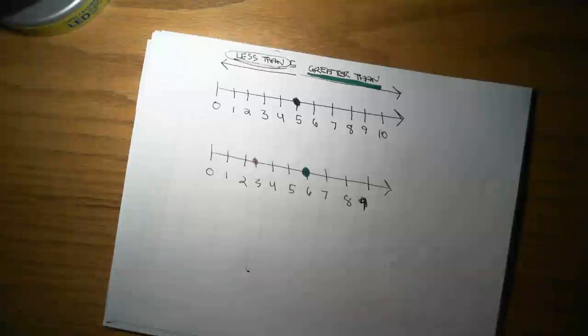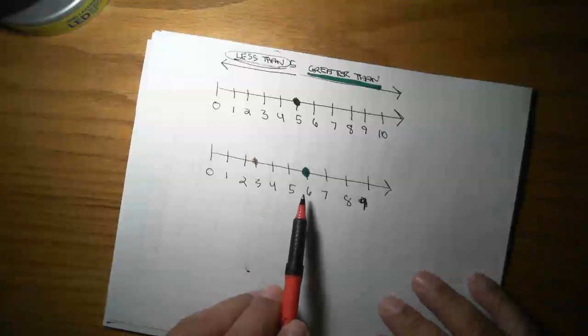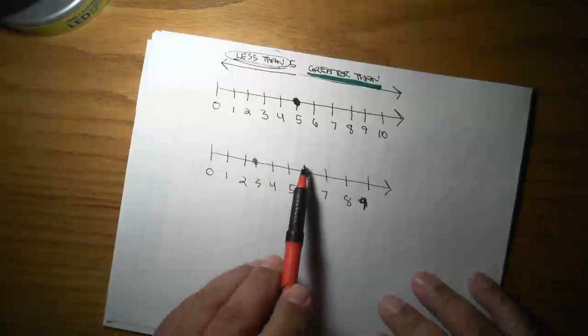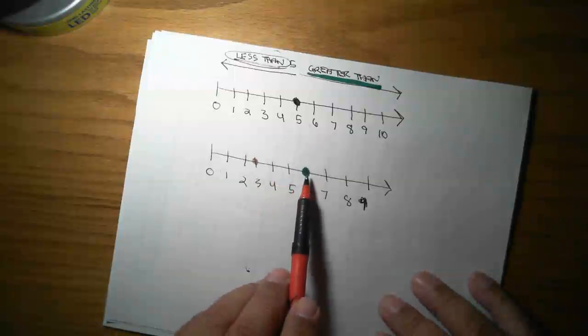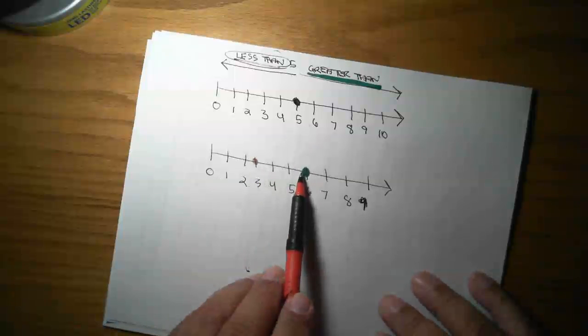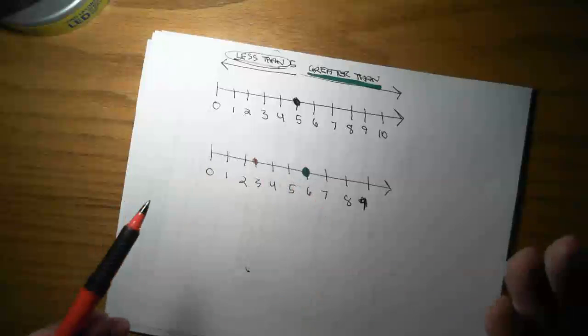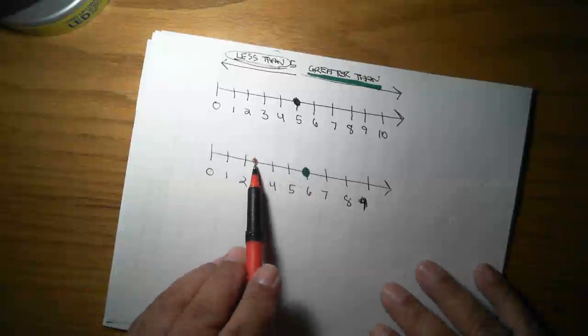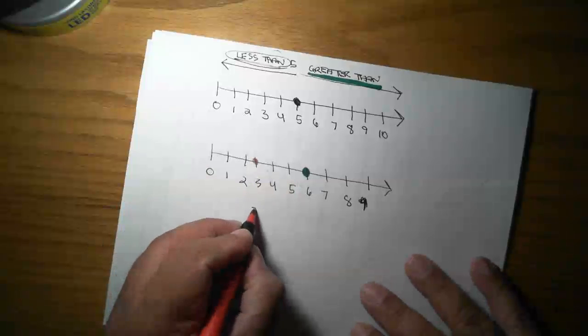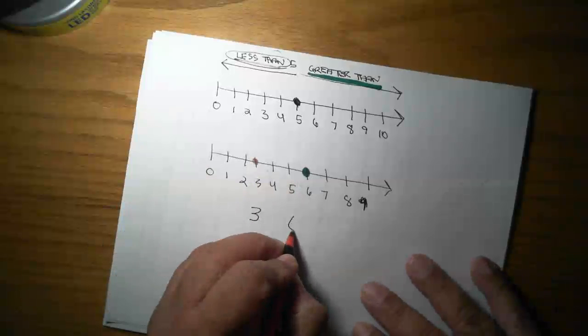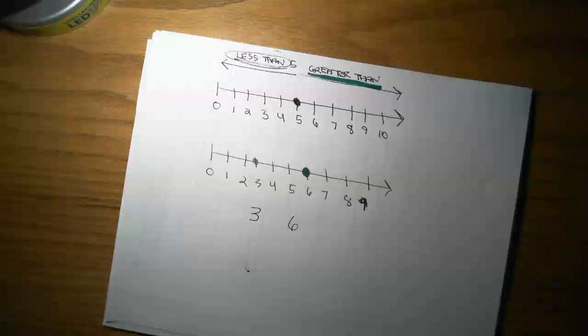Now, once again, this is about a number line. So we're using this number line thing, and we're going to write it all the way through. Okay? So we know that everything, given the two numbers that we have, everything that's to the left of this number 6 is less than. So I know that 3 is less than 6. So I'm going to write that here, 3 and 6, and there's a space in between.